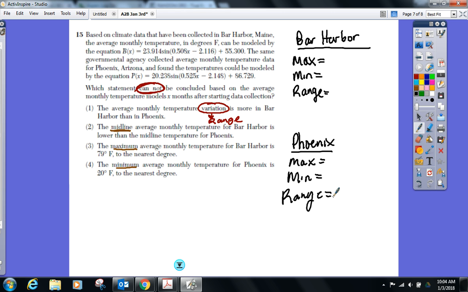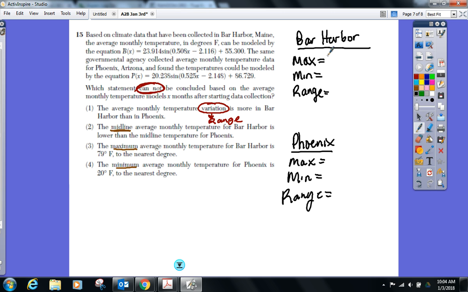We remember how to find max and min, I hope. Let's start with Bar Harbor. What's that number out in front? Amplitude. So pre-shift, one of my favorite terms, pre-shift up to 23.914, down to negative 23.914. What's my shift? 55.3.